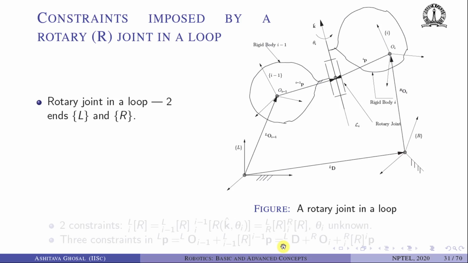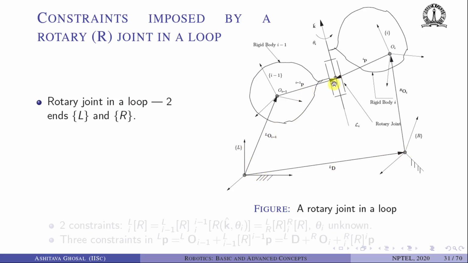The same story happens when you have a rotary joint in a loop. So for example, if you have a 4-bar mechanism and we have a rotary joint connecting 2 links in that loop, or any other closed loop mechanism with a rotary joint. I can again show you that I can reach this point on the joint axis either by going from a reference coordinate system, in this case the left coordinate system, let's say, to I minus 1 and then I minus 1 p.